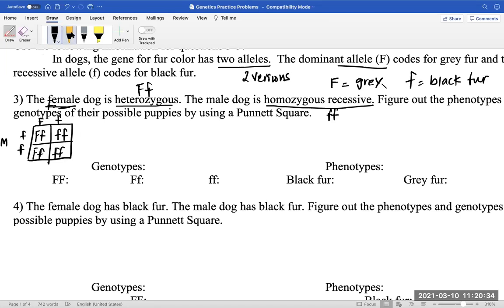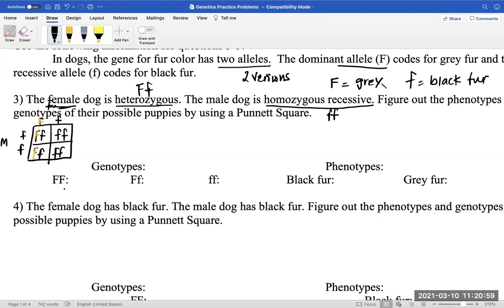Now let's look at this Punnett square. I think it's hard to tell which one is little, so I'm going to say big F is yellow. You can tell easily. So what is the genotype for big F, big F, and big F, little f? You can also write them in percentages.